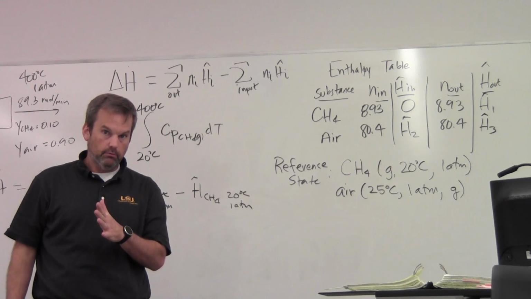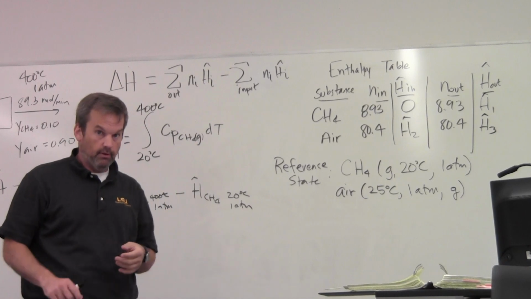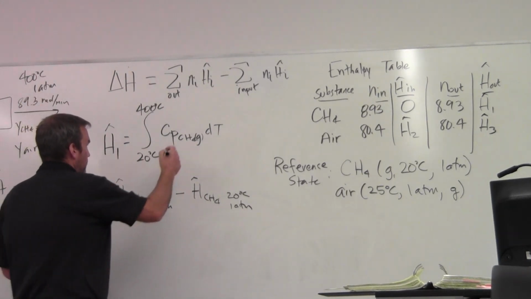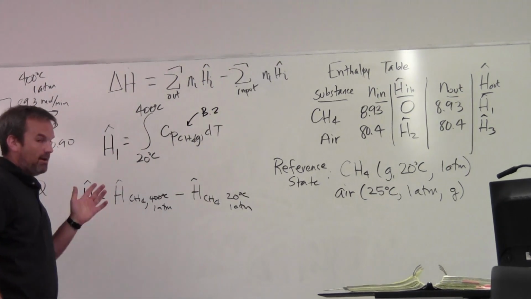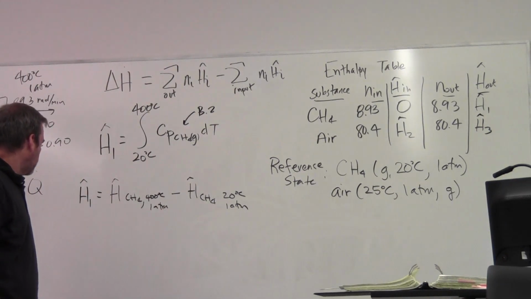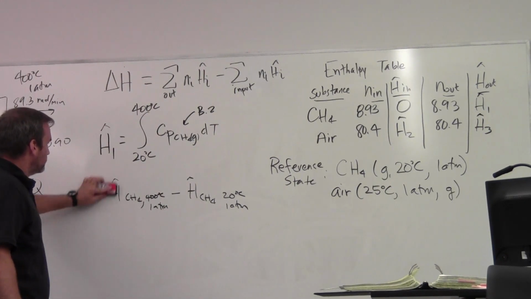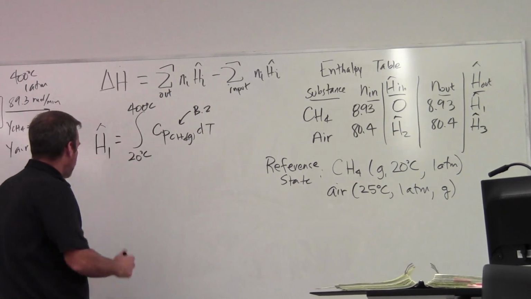Anybody remember? It's from Table B2, that's right. So I'm going to go to B2 in the back of the book, that table in Appendix B, and I can get this Cp for methane. So I look up the Cp for methane, and I integrate, and I can get that enthalpy value. So that's H1.